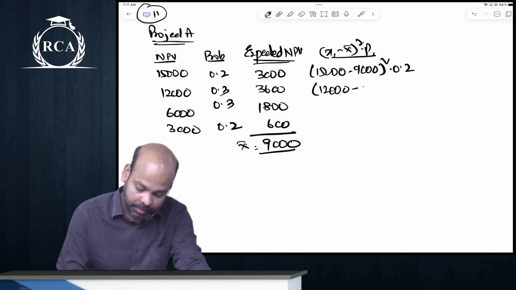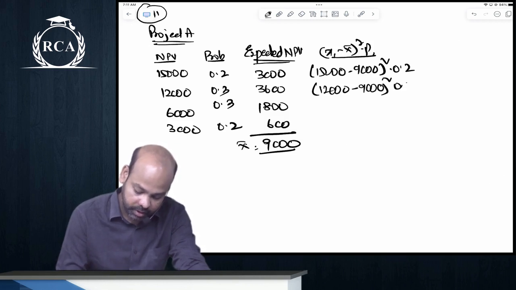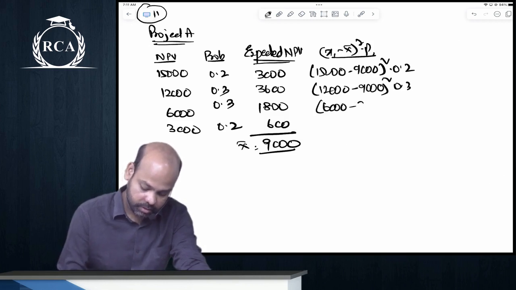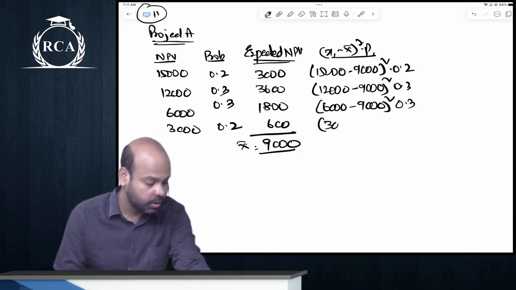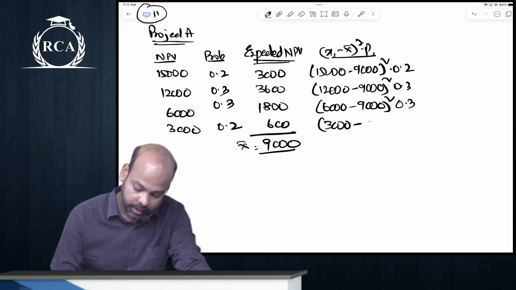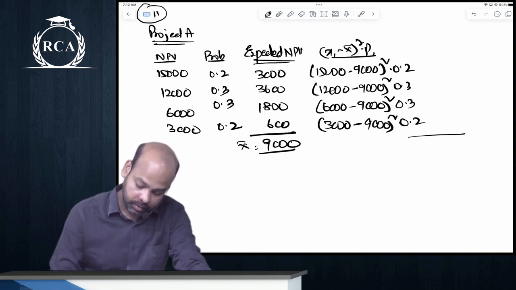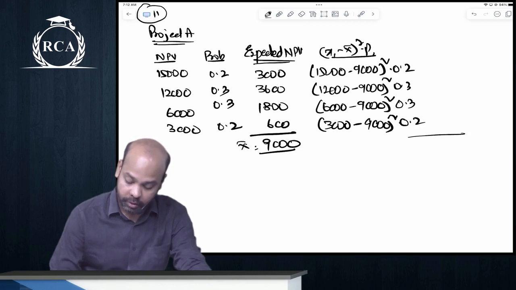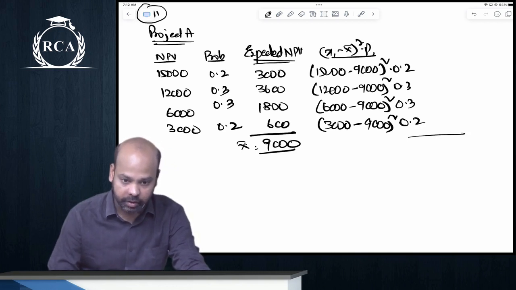Can you tell me beta what is the variance of the first project? 198 lakhs. Not lakh square, no. 198 lakhs only.